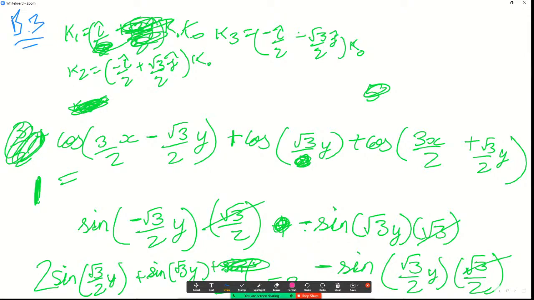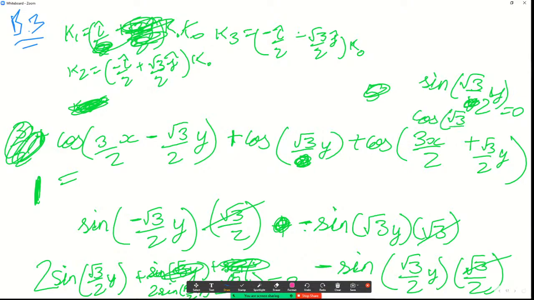So then 2 sine root 3 by 2y cos root 3 by 2y. So either sine root 3 by 2y equals 0, or cos root 3 by 2y equals minus 1. This is the condition from y differentiation.